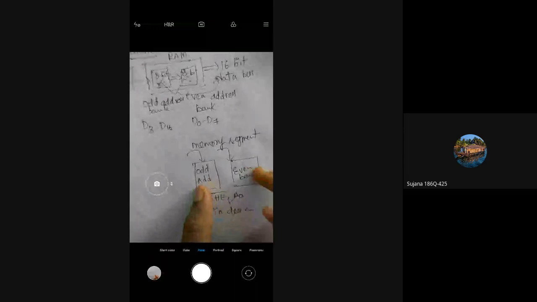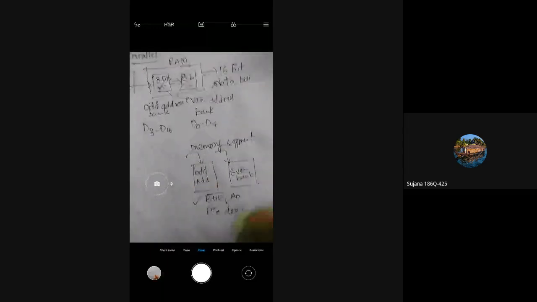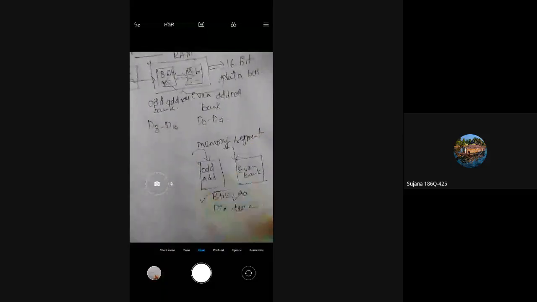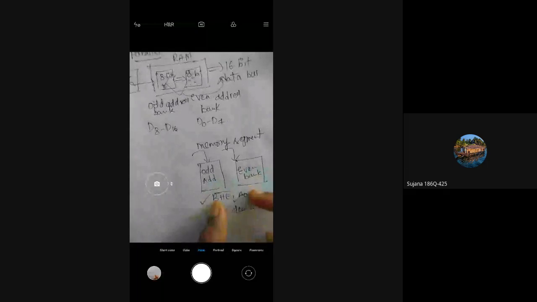The entire memory available in the microprocessor is divided into two banks, odd address bank and even address bank, and the allocation depends on the BHE bar and A0 pins. You can recall these from the pin description.